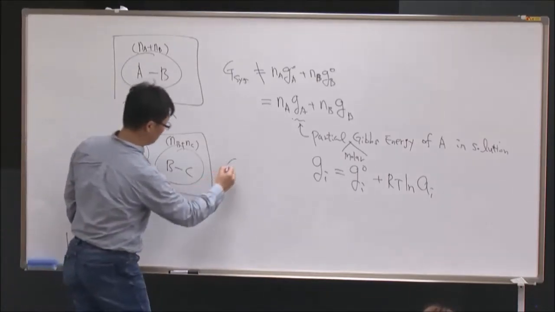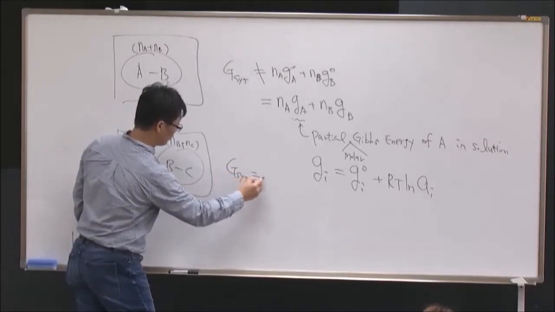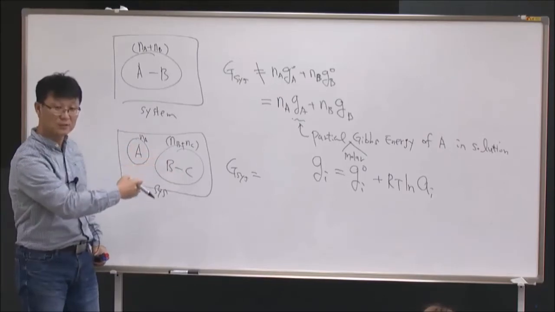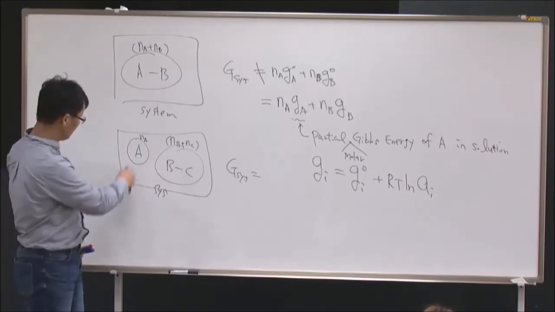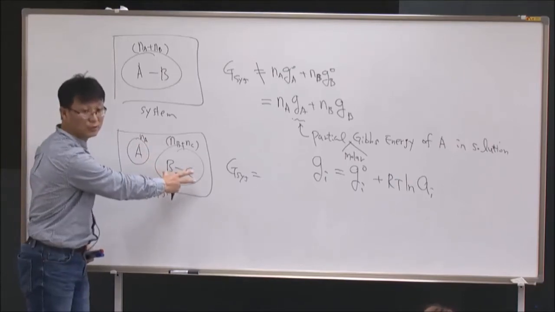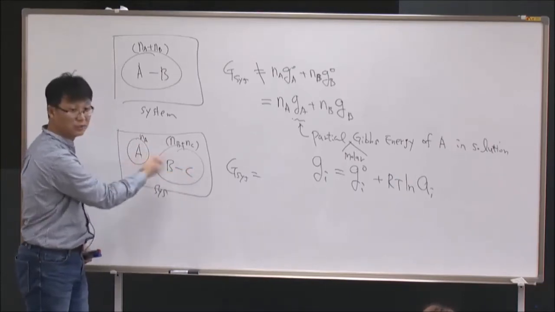So generally, for the Gibbs energy of a system, you have to count all the different phases separately, phase by phase. A is one phase, and B and C form another solution phase here, so you have two different phases.